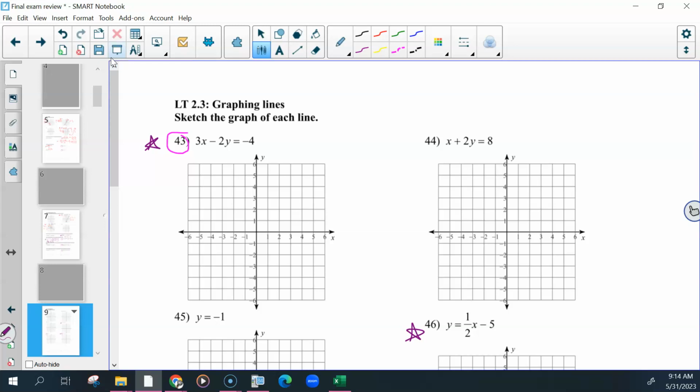This one is not in slope-intercept form, so what would we do first to start to get y by itself?